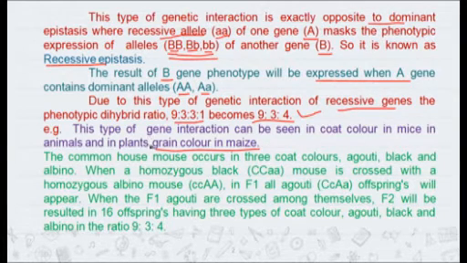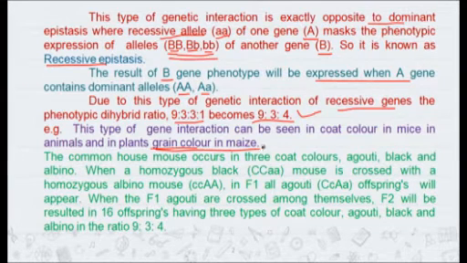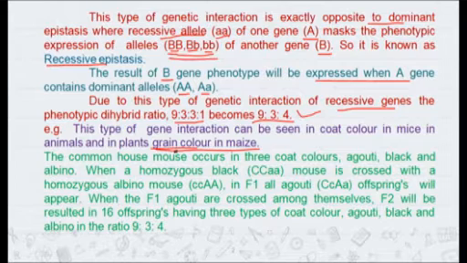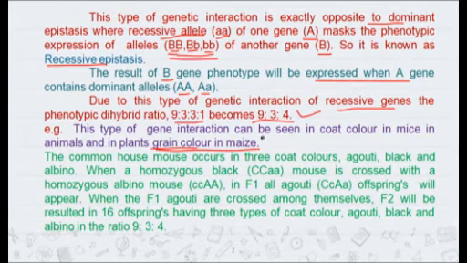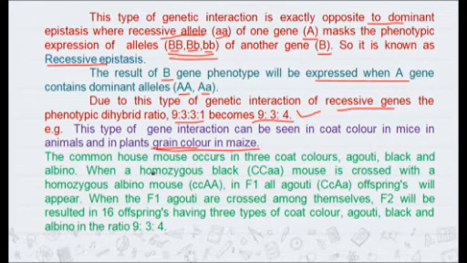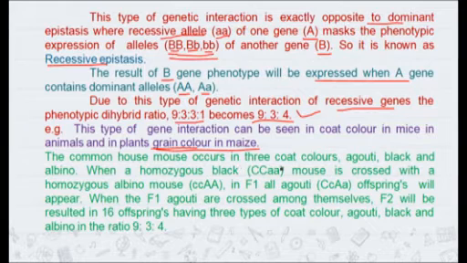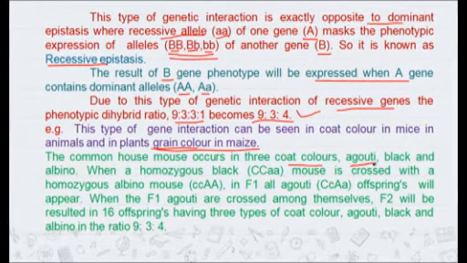That particular example is grain color in maize, where three types of grains are produced in the ratio 9:3:4. Here we are going to study the example of the mouse. The common house mouse occurs in three coat colors: agouti, which is the most wild color, black, and albino.